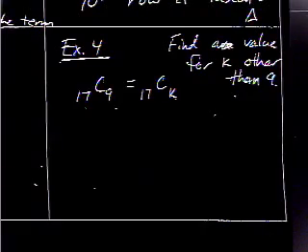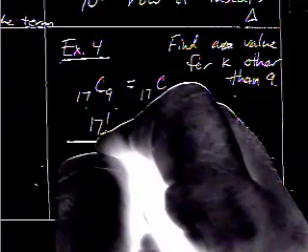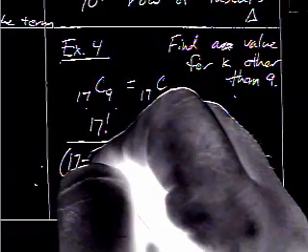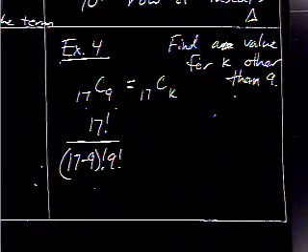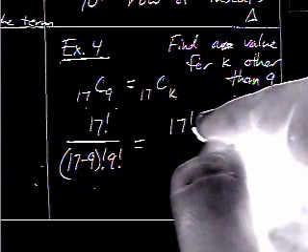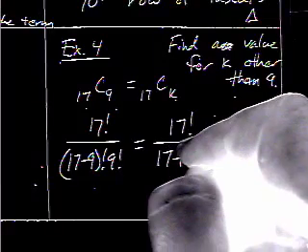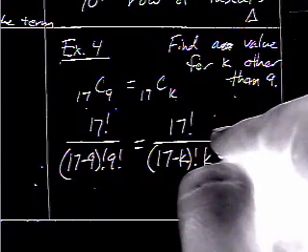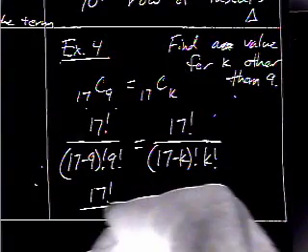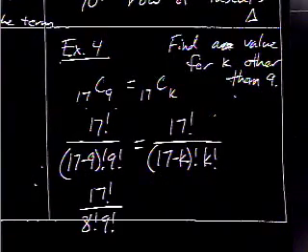Okay, so this is 17 factorial over 17 minus 9 factorial times 9 factorial, according to my definition of combinations, and 17 factorial over 17 minus k factorial times k factorial. Well, this is really 17 factorial over 8 factorial times 9 factorial.